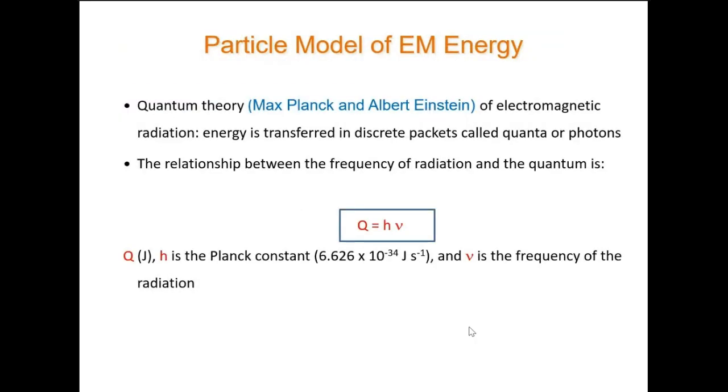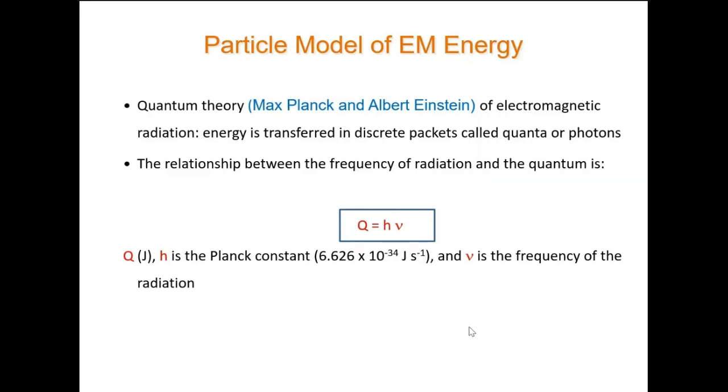There is some proof given by Max Planck as well as Albert Einstein for the particle nature of light. They proposed what is known as the quantum theory of radiation, of electromagnetic radiation.